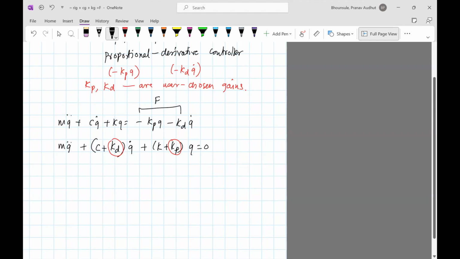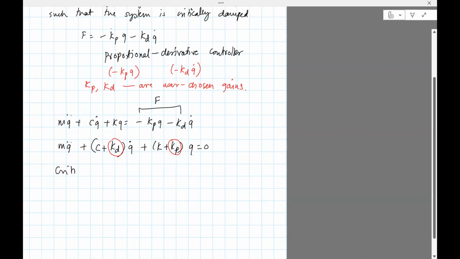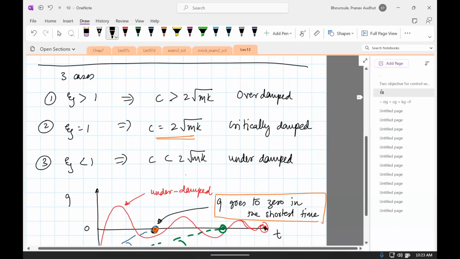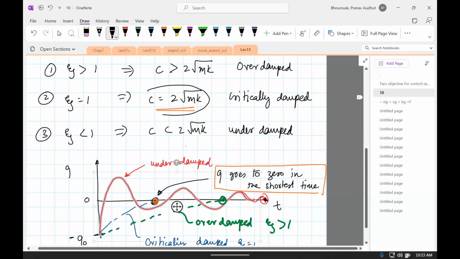So that condition is the critically damped condition, and that is c plus kd equals 2 square root of m times (k plus kp). So where did I get this from? If you go back to this equation, this came from the c.